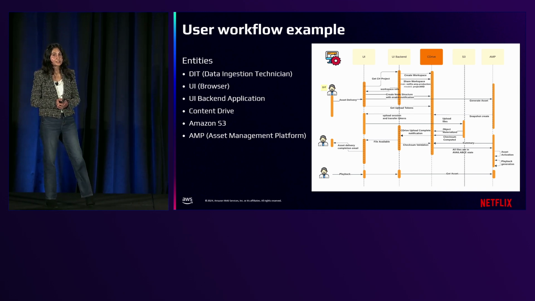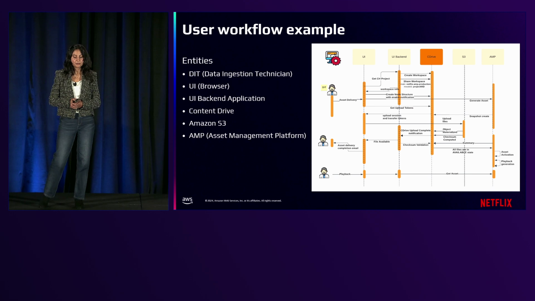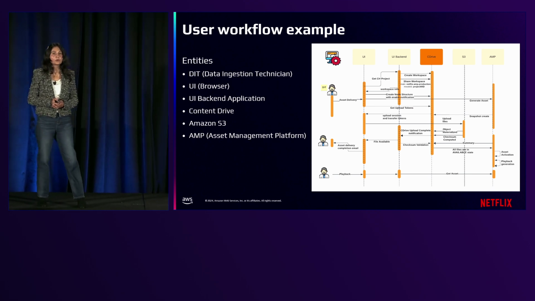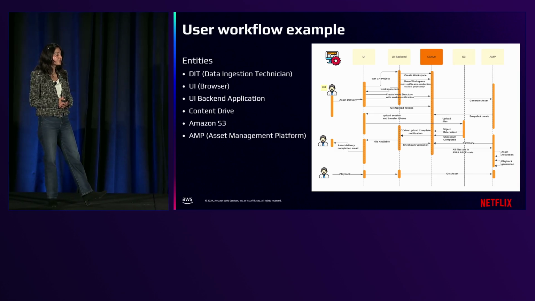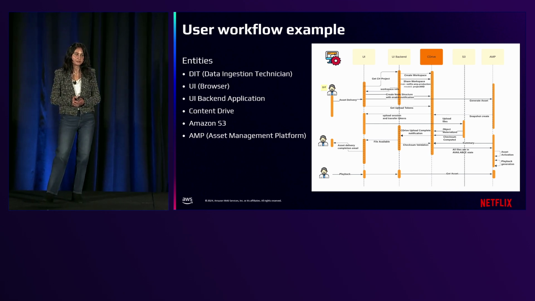This is followed by getting the transfer auth tokens from Content Drive so that the local workstation can perform the actual transfer. The workspace UI gets these authorization tokens from Content Drive and passes them to the local transfer agent, which does the actual transfer of these bytes to Amazon S3.